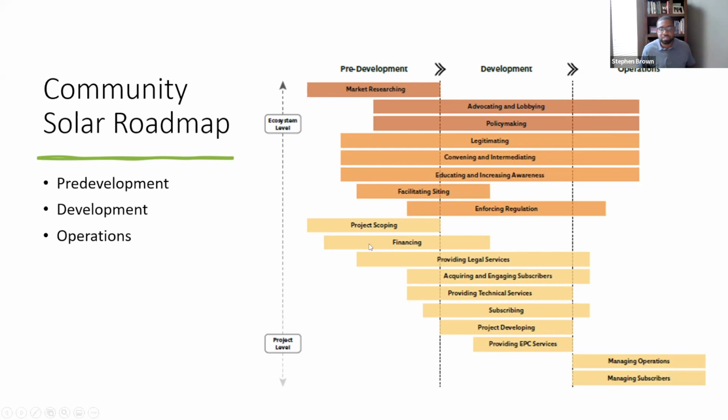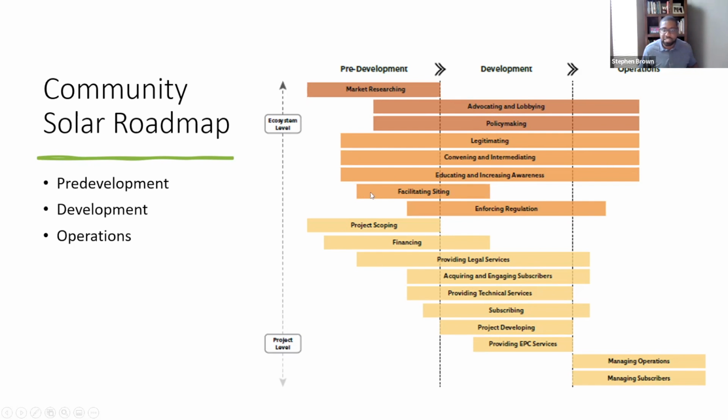Obviously, market research is very important during pre-development stages, and scoping and identifying financing for the projects. Then, as we're looking to develop projects, I mentioned before on the policy side, going to Austin, going to city council, going to your county governments, and trying to identify opportunities where they can be helpful in accelerating the development of these types of assets.